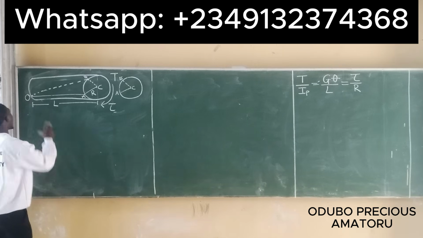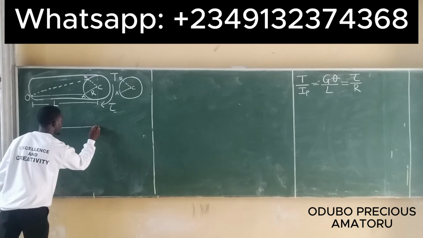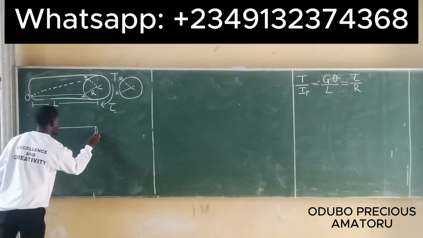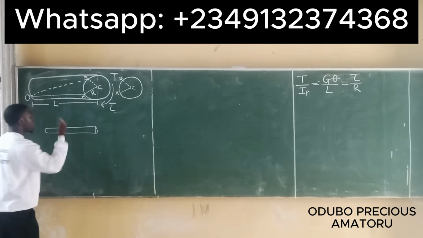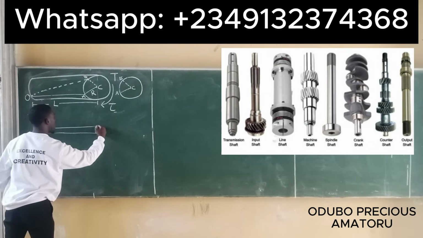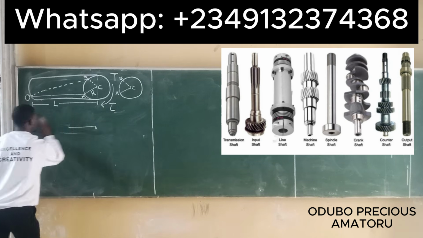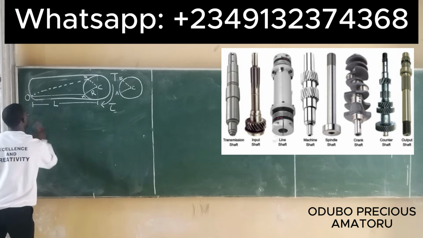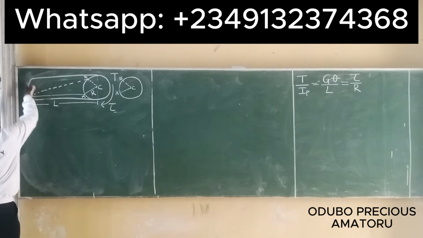First, we are assuming that this is a shaft, something in this nature. We apply a torque to rotate it, that is, hold this front end and try to rotate it. The second thing is that we are assuming that this end part of the shaft is fixed.